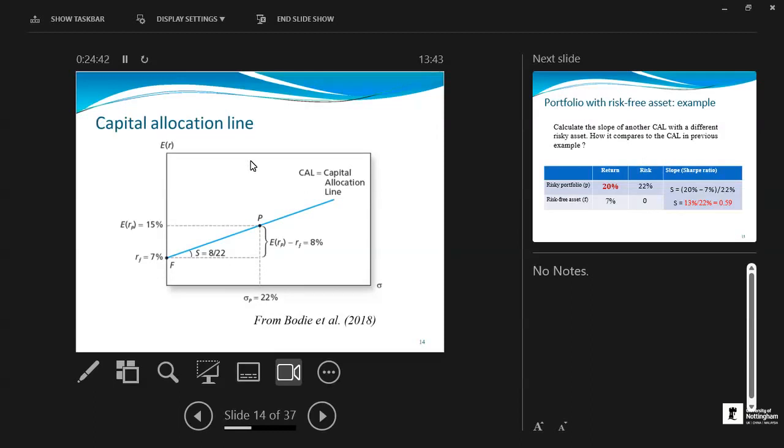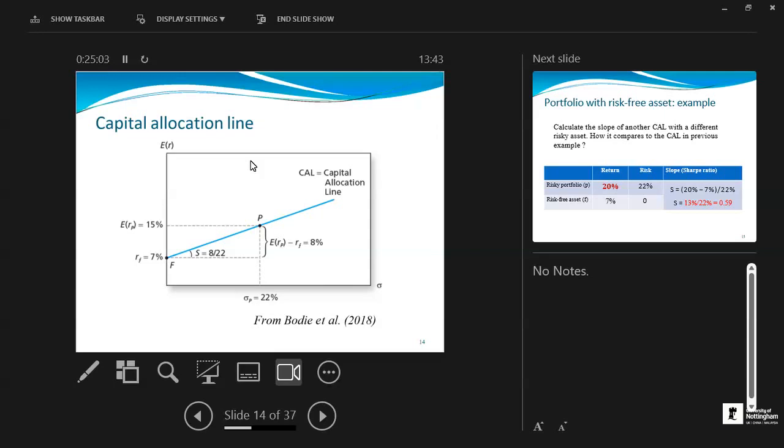Okay, so let's look at the same thing in the form of this capital allocation line, using the same numbers. If you put everything in the risk-free asset, what will you get? You'll get 7%. If you put everything in the risky portfolio, what will you get?